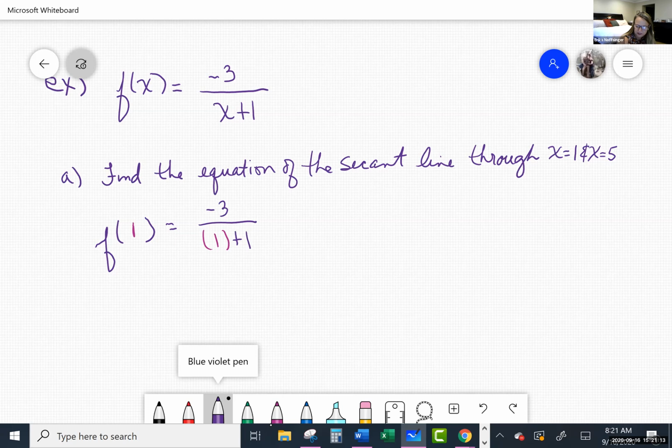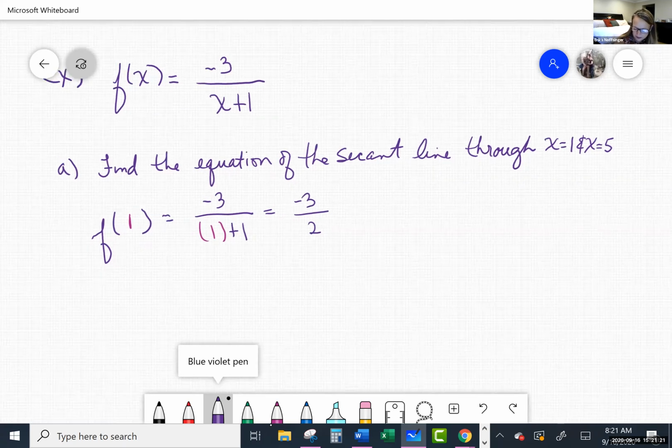So let's reduce. We have -3 all over 1 plus 1, which is 2. So we know we have a point on the graph and the point on the secant line at (1, -3/2).